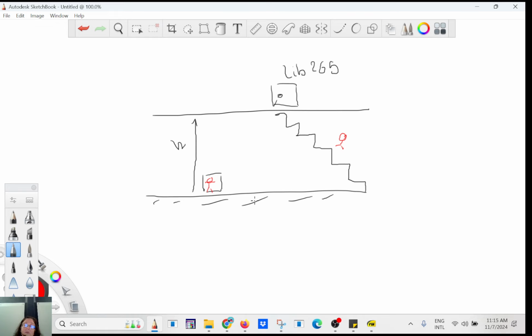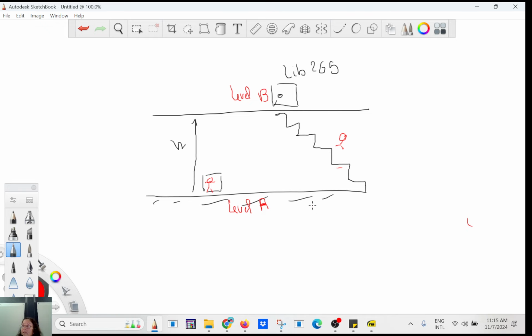But in both cases, you start from point A and you end up at point B. So you start from level A and you go to level B. It turns out it doesn't matter what the path is. It doesn't matter if you go straight up or if you go on the stairs, or if you run to the library and then you come back and you go up the stairs.